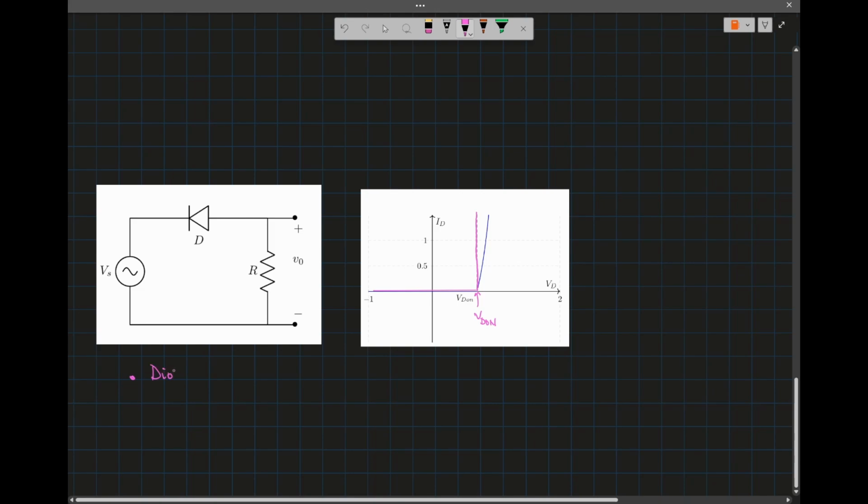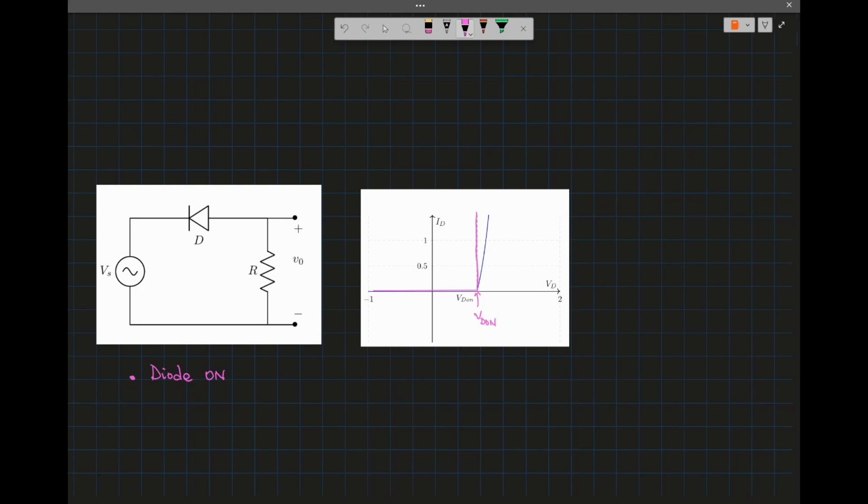So diode on, right, to find the relationship between the output voltage and the condition that the input voltage must meet, so that the diode will be on.